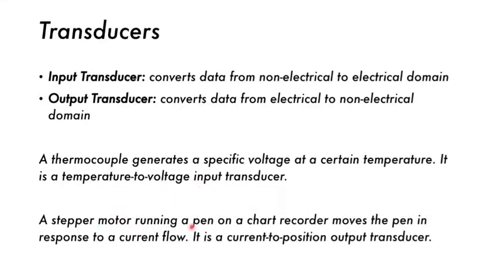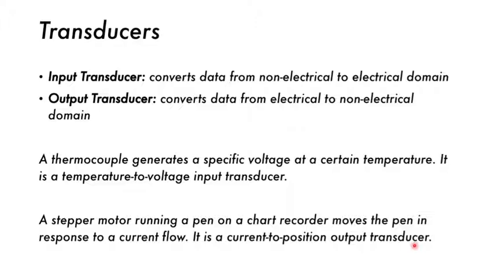And then a stepper motor running a pen on a chart recorder moves the pen in response to a current flow. It is a current to position output transducer. This is something I talked about before. This was in the early days, when computers weren't particularly common. The computer that we think of and use only really started to exist maybe in the 1970s, and even then they were pretty basic, mostly word processors.